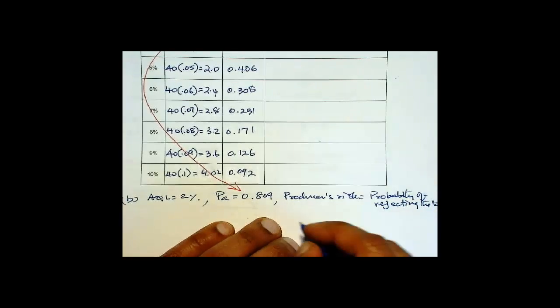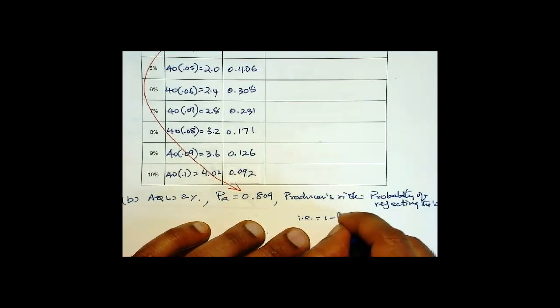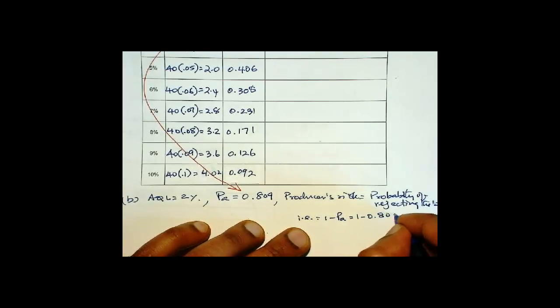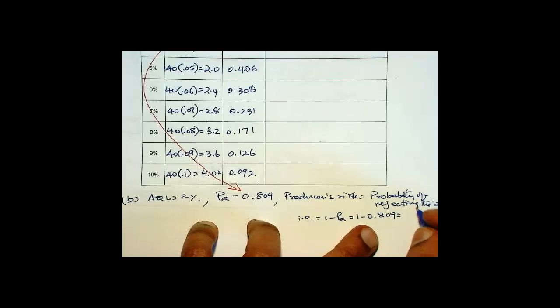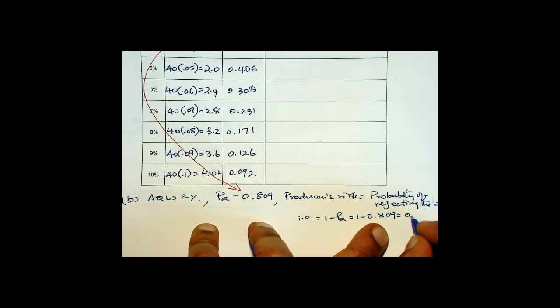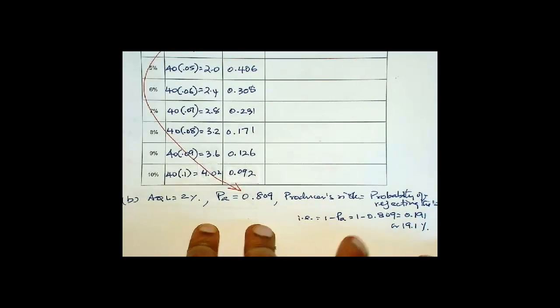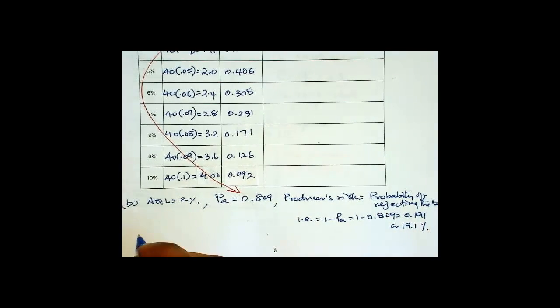So that is 1 minus P sub A. So you get 1 minus 0.809, which is 0.191 or 19.1%.